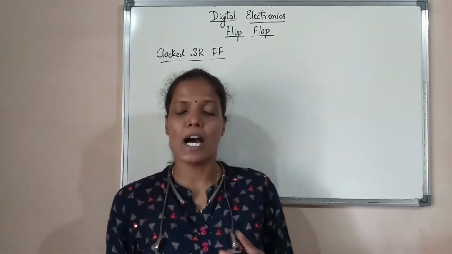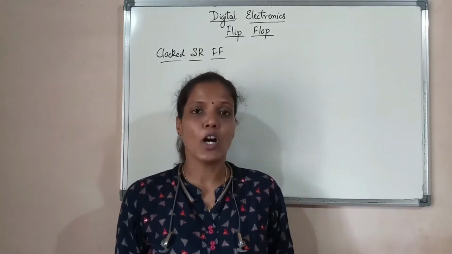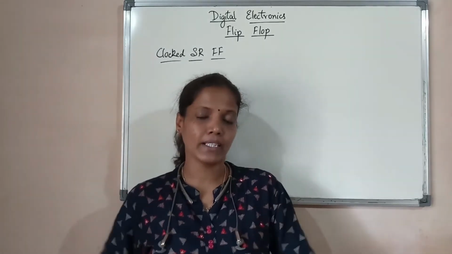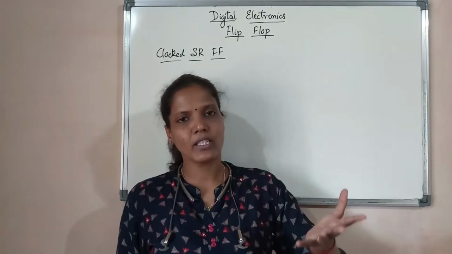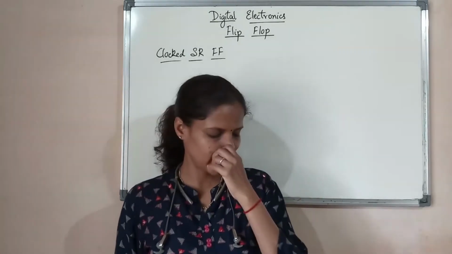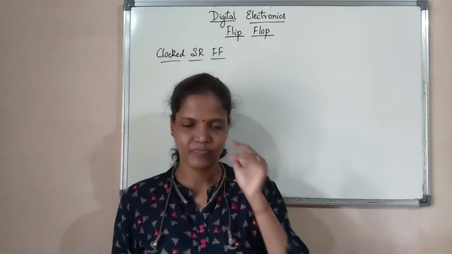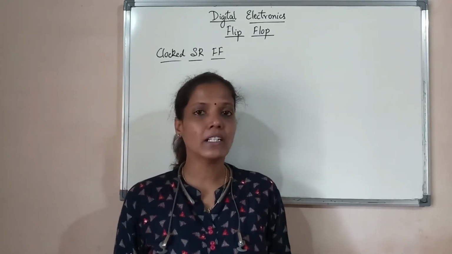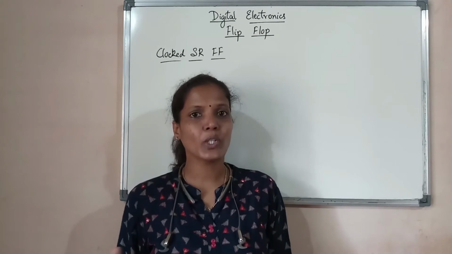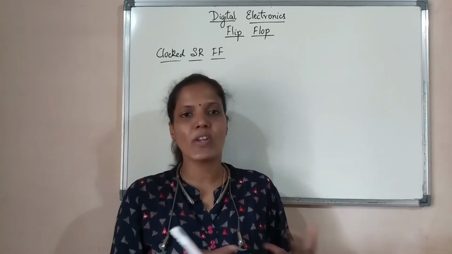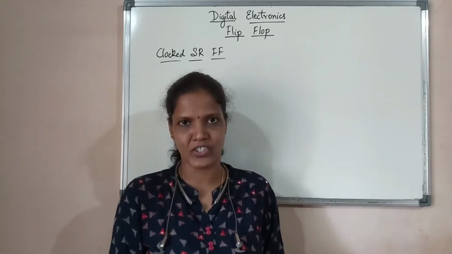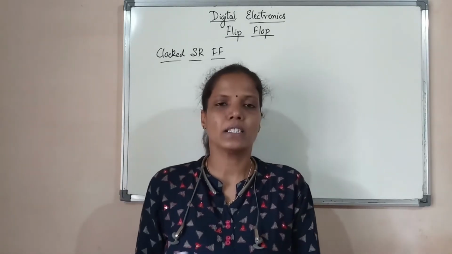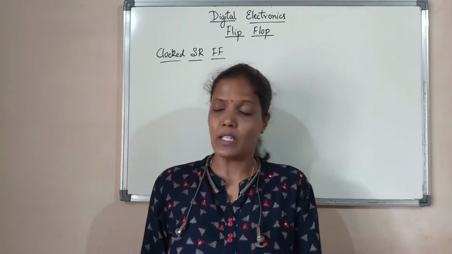In an unclocked SR flip-flop, the output of the flip-flop will change at any instant of time whenever there is a change in the input condition. Input can change at any moment, and we will see that reflection at the output.